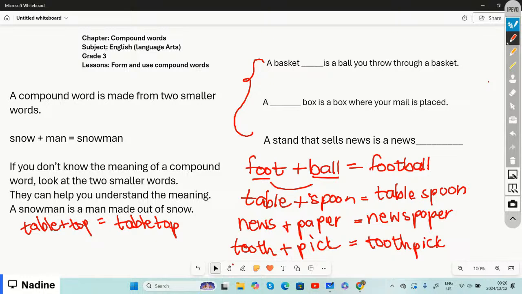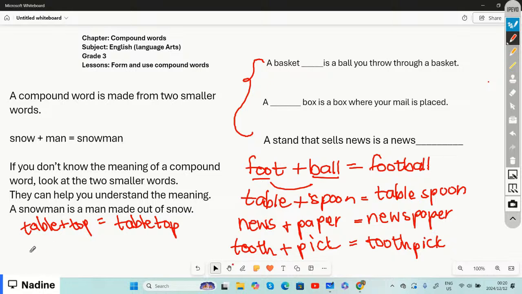No, not grade plus three, because grade is a word that is on its own, but the number three is not basically like that. So not grade plus three, but definitely table plus stop, football, tablespoon, newspaper, toothpick.